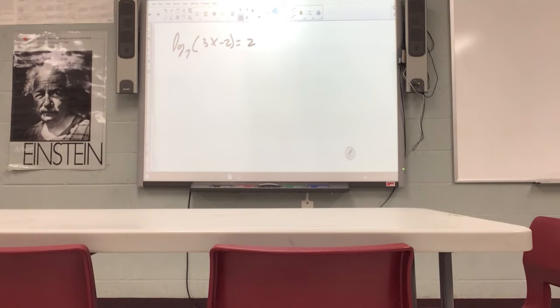So we've got one log, so best guess is to rewrite it in exponential form, bin form. So what would our B be? 7 to the what? Squared, equals 3x minus 2. Very good. And now you can figure out 7 squared, that's 49.